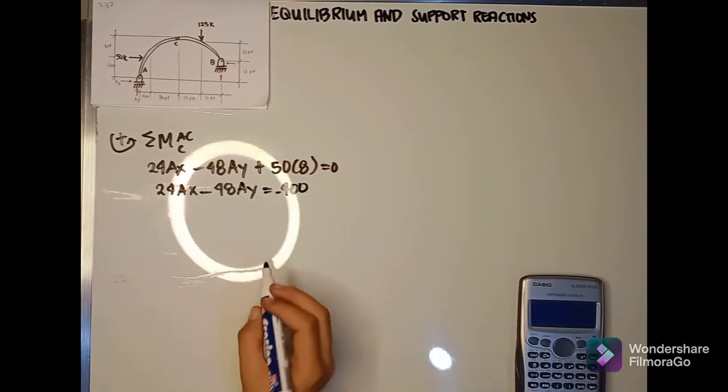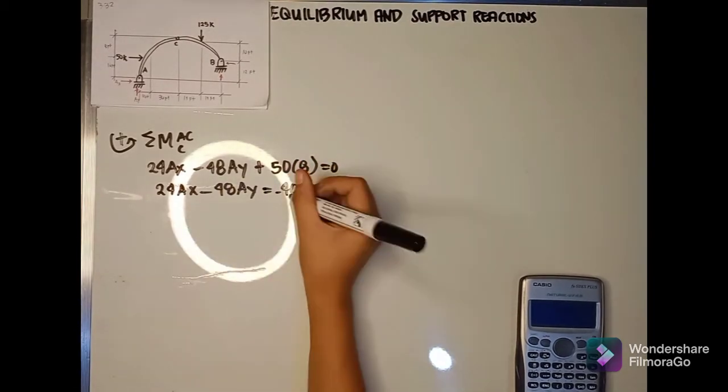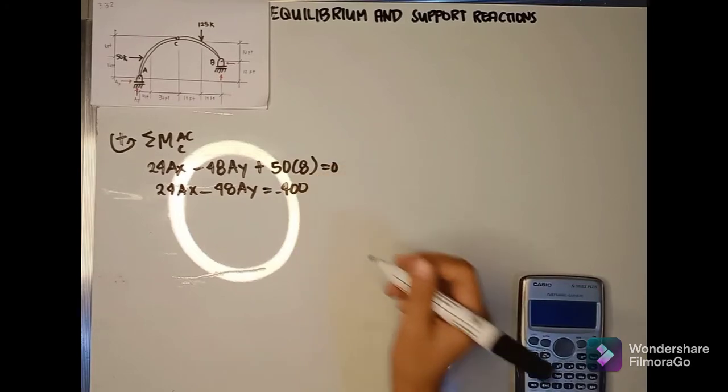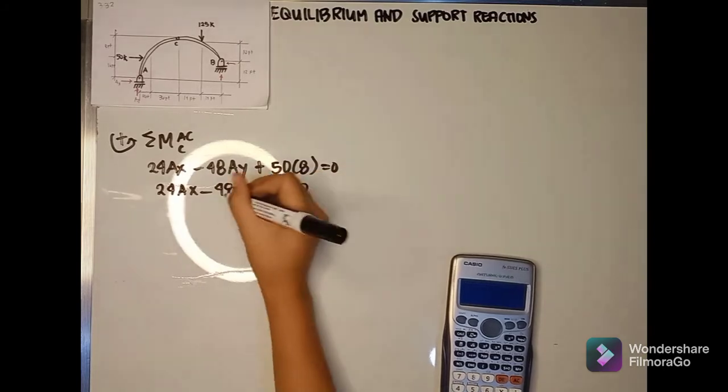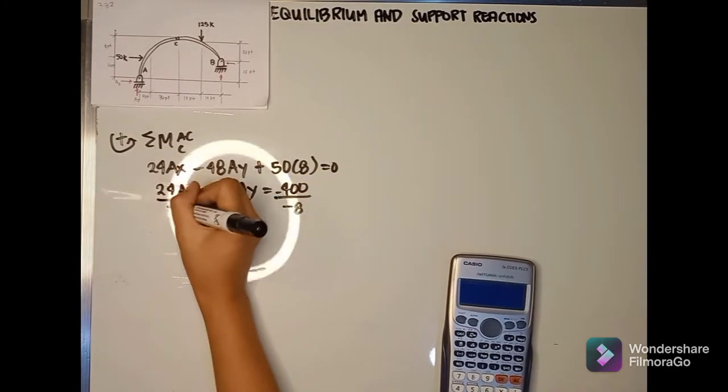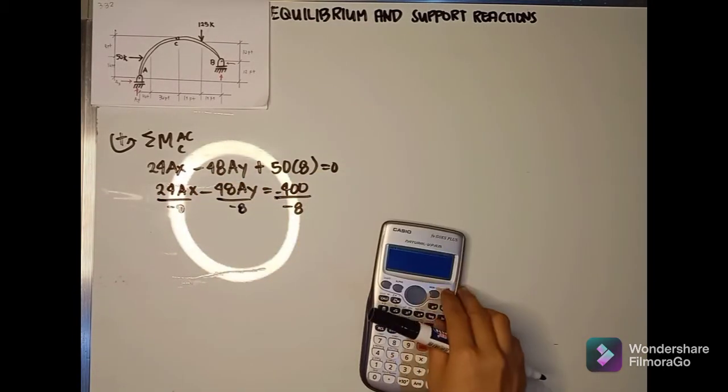We can reduce them to the lowest term. Let's divide them by negative 8.